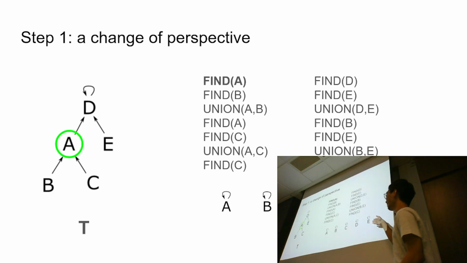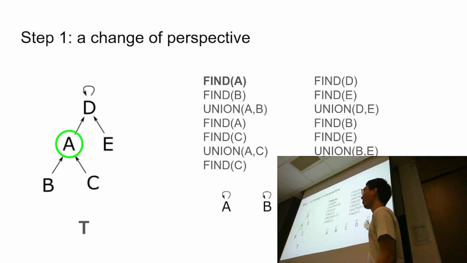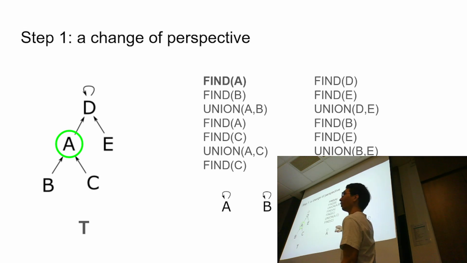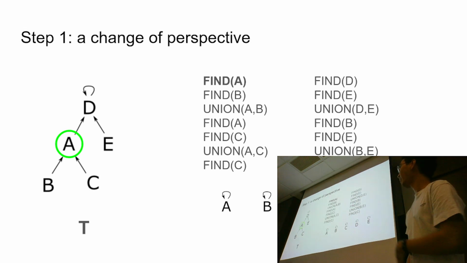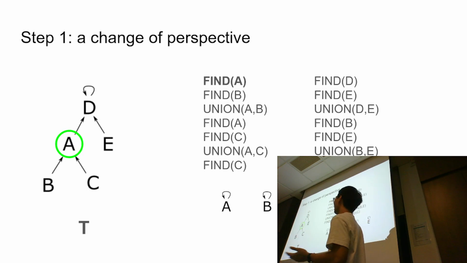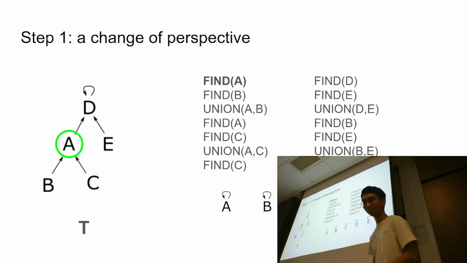This was our initial setup, and this is the T after we perform all the unions. So find A. Notice that for find A, we don't actually stop at D, because at this point, A hasn't been merged to D. That's why it's called a partial find, because we don't go all the way up to the root. We just traverse some paths and possibly stop halfway.